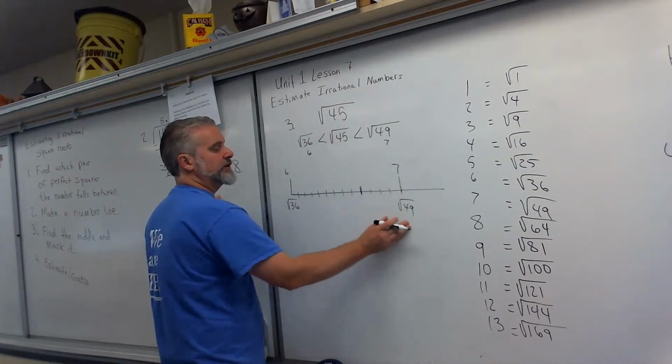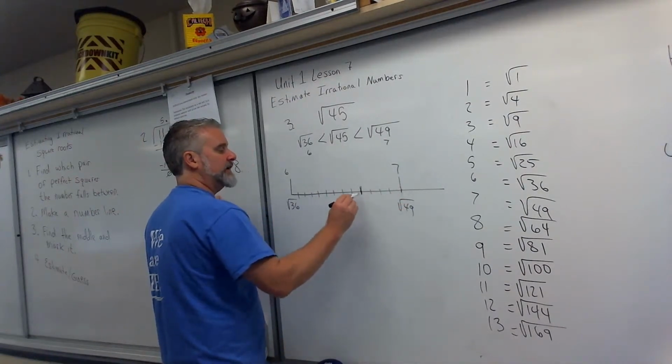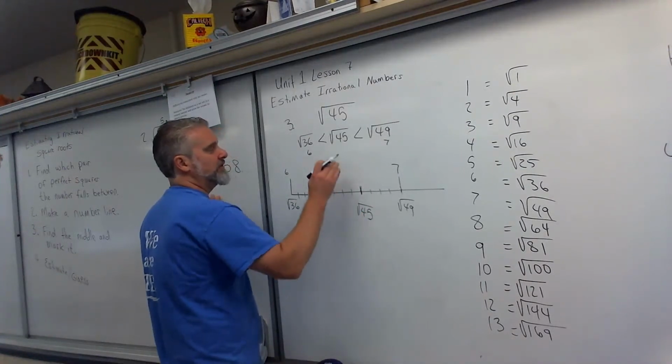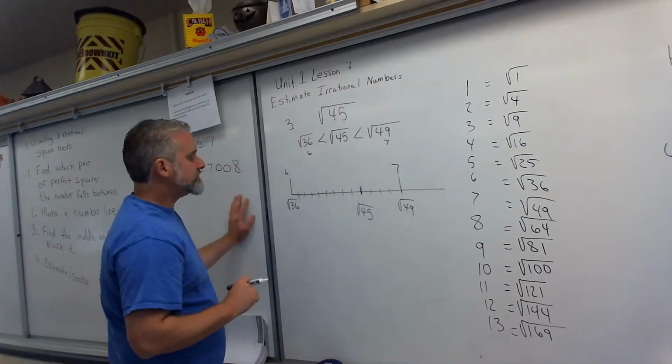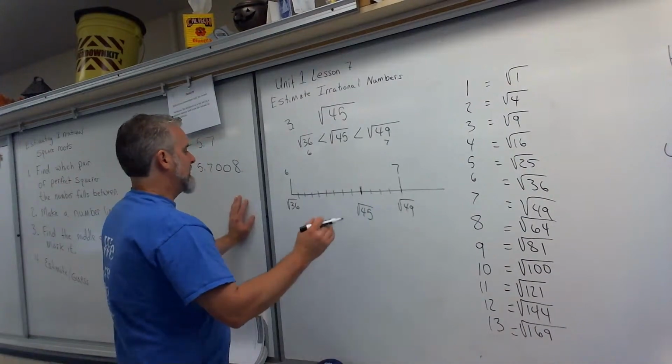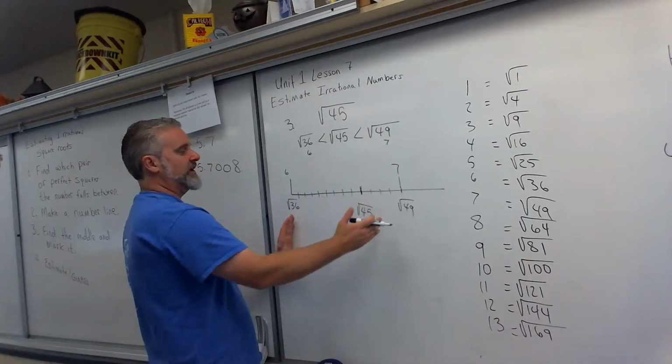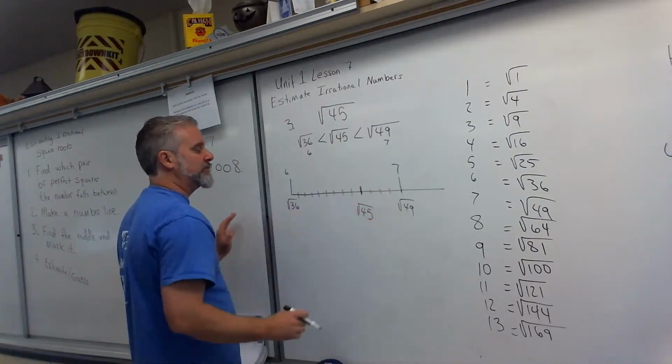There's my square root of 49, which is 7. And right here, I made that mark a little extra because that is the square root of 45, which is what we're looking for. So again, now I'm going to try to find the midway point between 6 and 7, or the square root of 36 and the square root of 49.